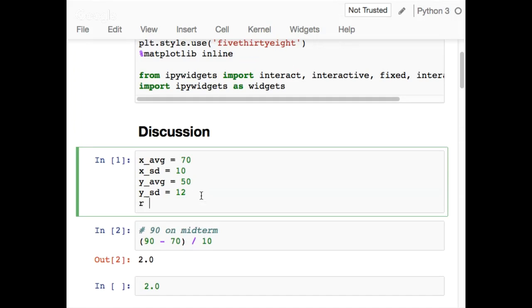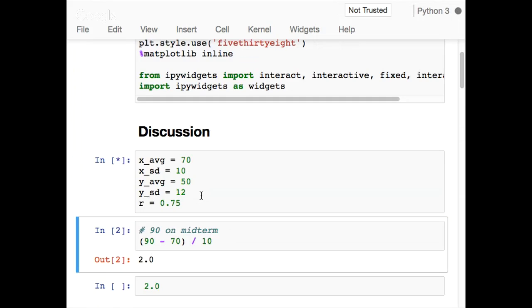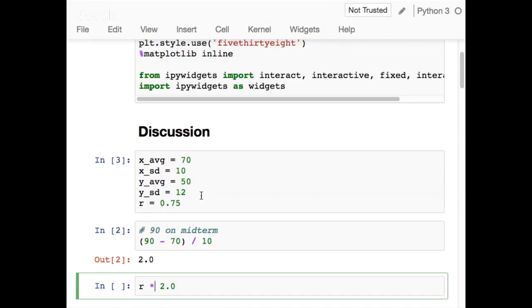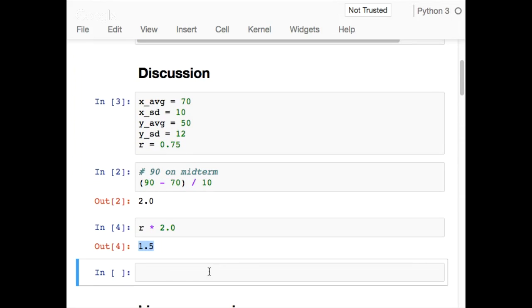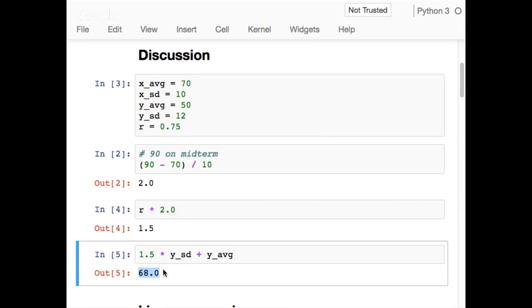So our correlation was, let's call it r. R was 0.75, so there it is. R times that. This is y in standard units. And then we convert back. So to convert back, we take 1.5 times the standard deviation of y, YSD, plus the y average to get back 68 on the final as predicted.